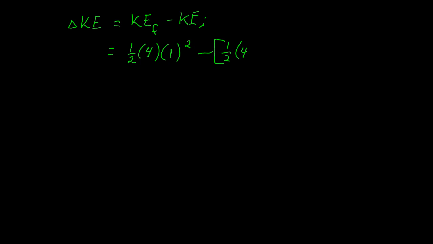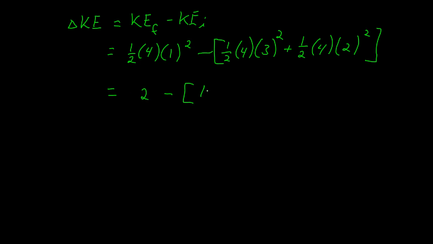Now for initial kinetic energy, I got 2 terms: 1/2 times 4 times 3 squared, plus 1/2 times 4 times 2 squared. And notice I'm subtracting off both those initial components. So again, all my units are the same.